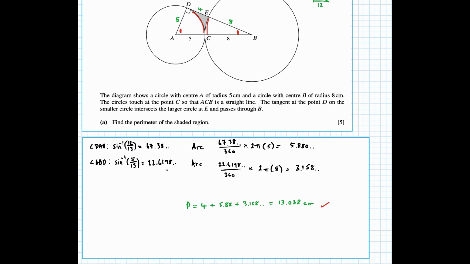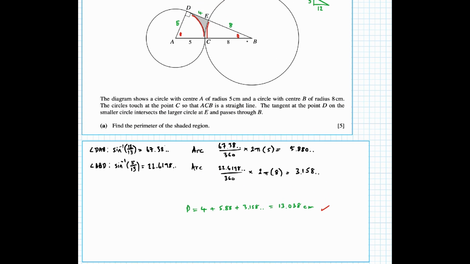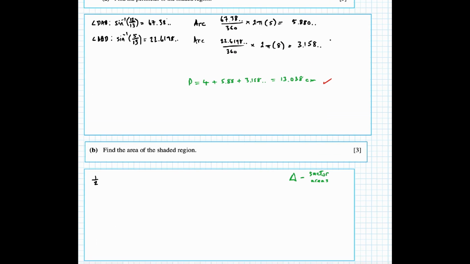So the area of the triangle will be half times 5 times 12. Just think about where the right angle is. Minus the area, so the area of a sector is pi r squared, and then the angle. So let's do that for both of them. So subtract both of them from the area of the triangle.